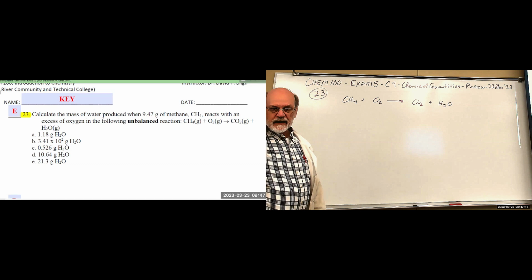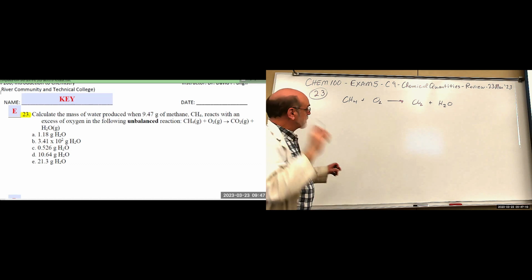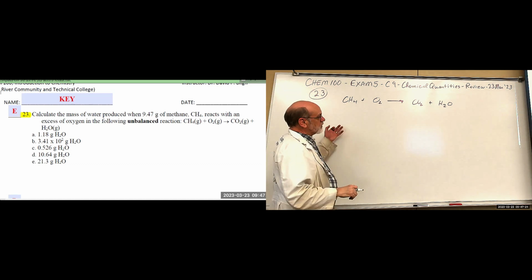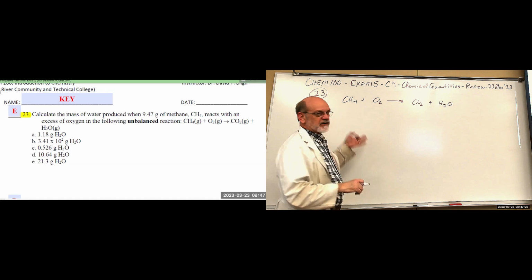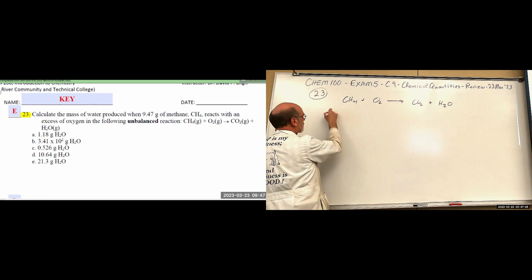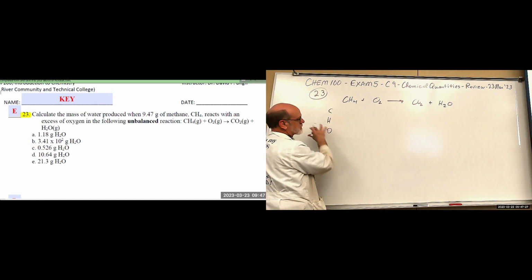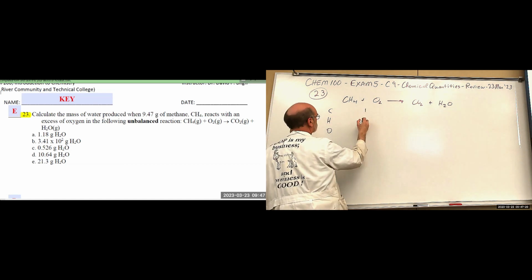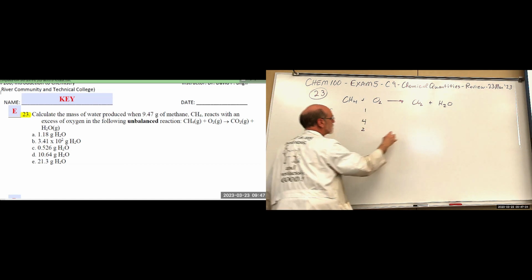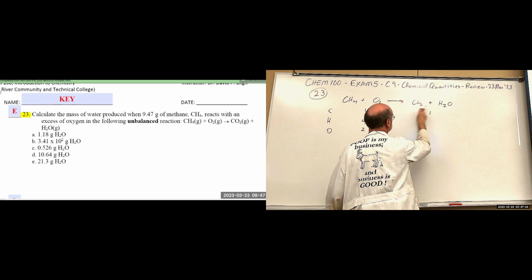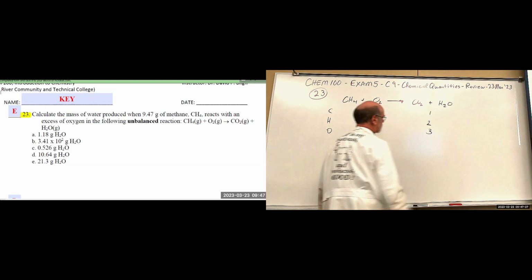Okay. So to balance the equation, do we need to do the budget? To be safe, carbon, hydrogen, oxygen covers them all. 1 carbon, 4 hydrogens, 2 oxygens here, 1 carbon, 2 hydrogens, and 3 oxygens.